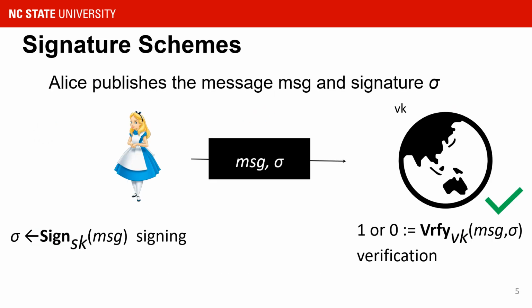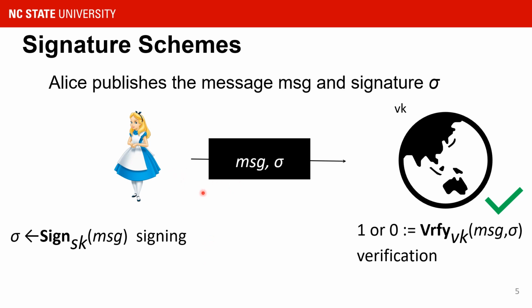So I'm going to start with signature schemes so that people can understand why ring signatures are useful. I think a lot of people are actually familiar with digital signatures already. So let's suppose we just have one person, Alice. Now, Alice has a secret key that she keeps to herself, and she uses that to sign a message.